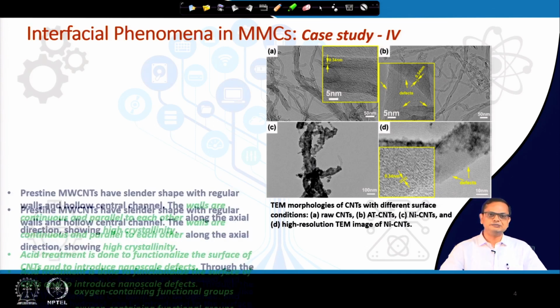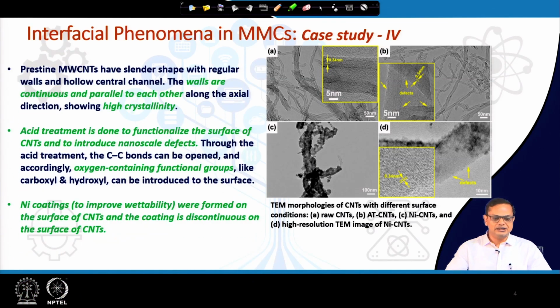And I think that is what has been mentioned here, that the walls in the case of pristine MWCNT are continuous and parallel to each other, as you can see clearly, and obviously it shows quite high crystallinity.